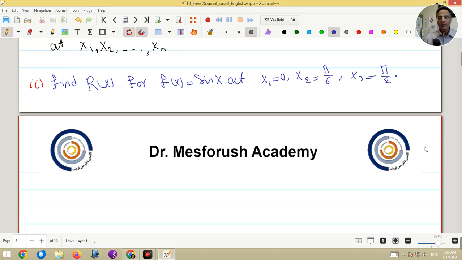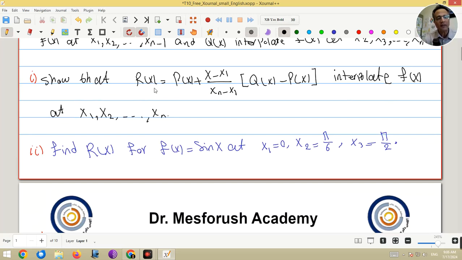Okay, now let me try to prove the first part of the problem. For the first part, in fact, we have to show that r at x1, x2, and xn is equal to f at x1, x2, and xn.